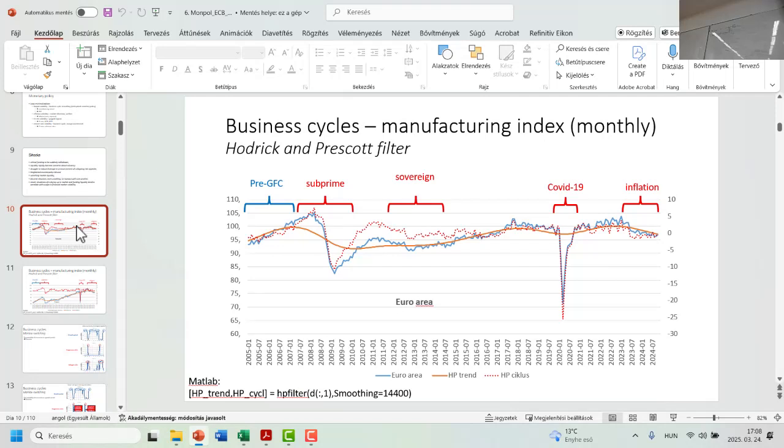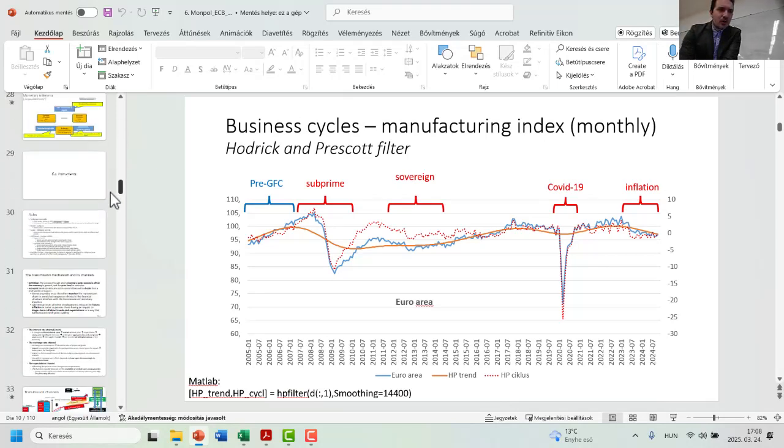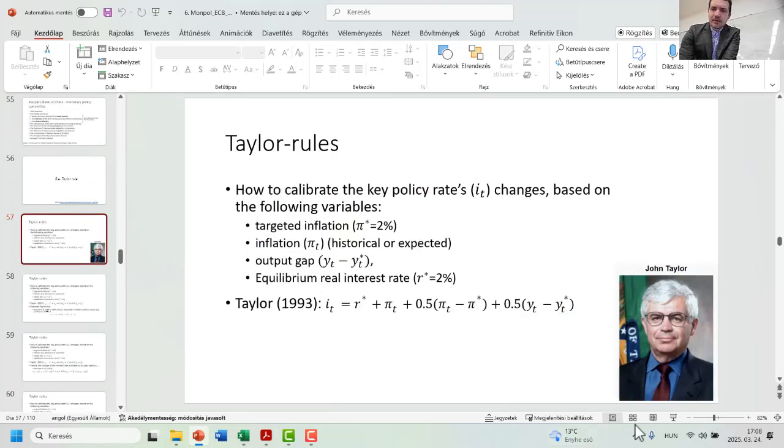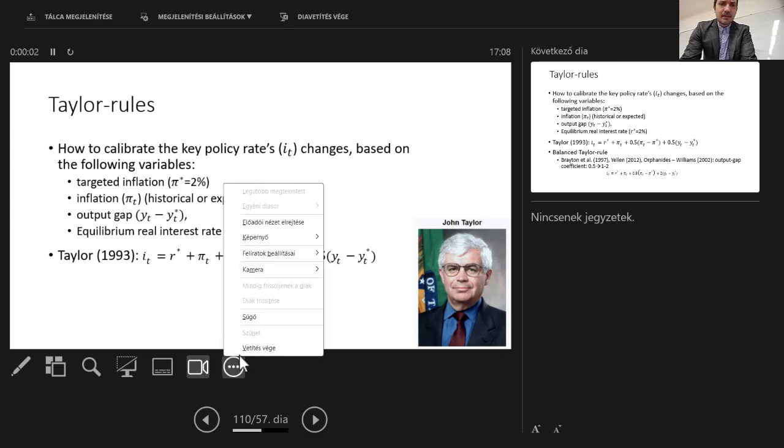Obviously, this is the scale of this red line. If we are in negative values, it means that we are under the potential growth or potential output. If it's positive, then we are sitting in an overheated economy, so we should do something about the economy. That was the idea behind the Taylor rule.